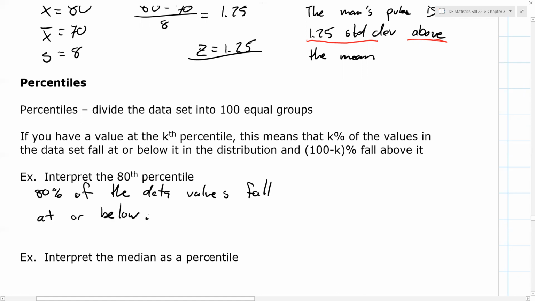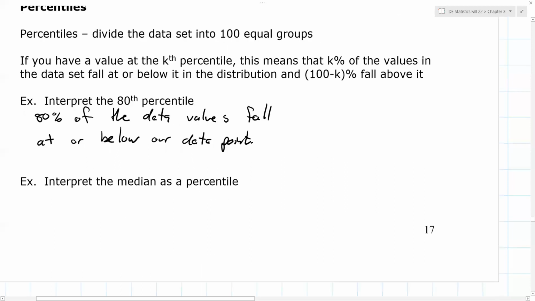So if you're in the 80th percentile, that means 80% of the data values fall at or below whatever we're looking at, at or below our data point. Then it says interpret the median as a percentile. So if the median is right in the middle, which percentile would that be? So our median is the 50th percentile.